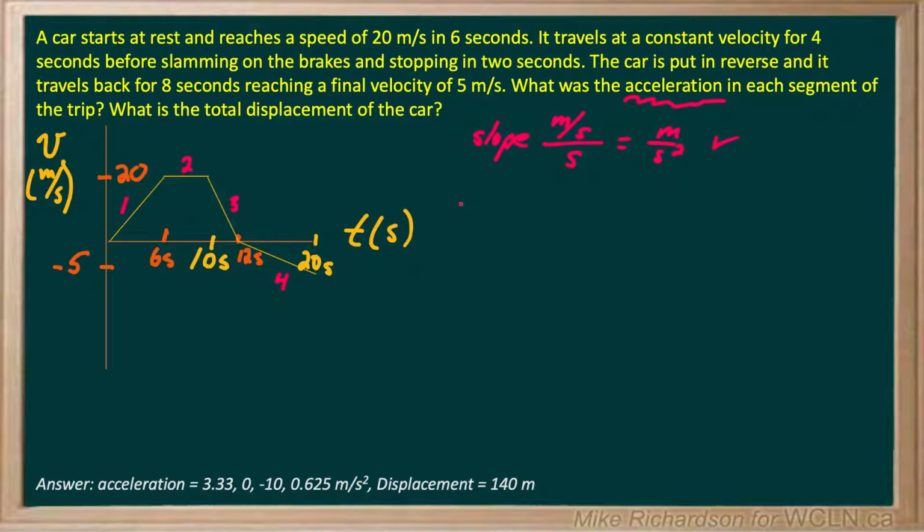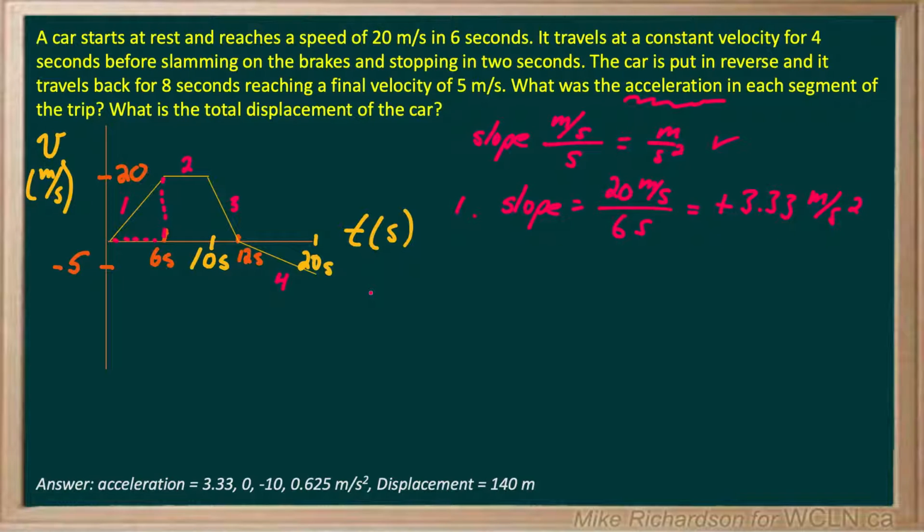Let's do region 1. Now if I look at region 1, the rise is 20 and the run is 6. So in region 1, my slope is 20 meters per second divided by 6 seconds, which gives me a positive slope because it's going from lower left to upper right of 3.33 meters per second squared.